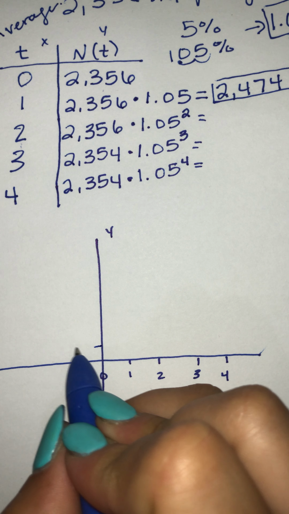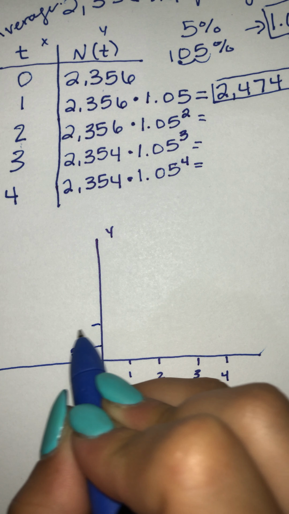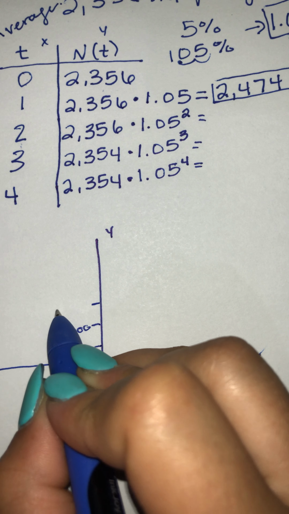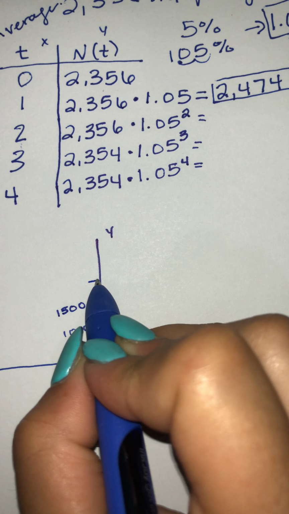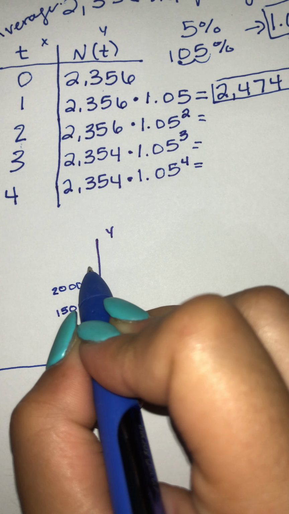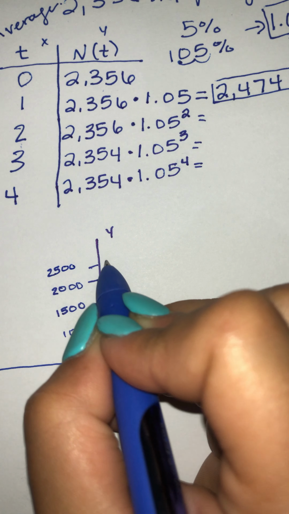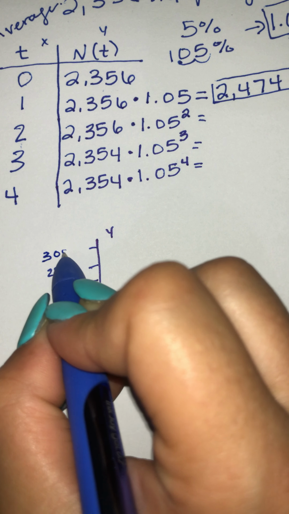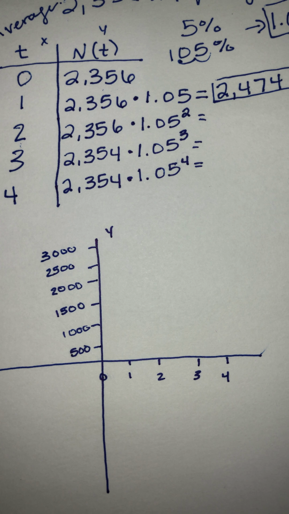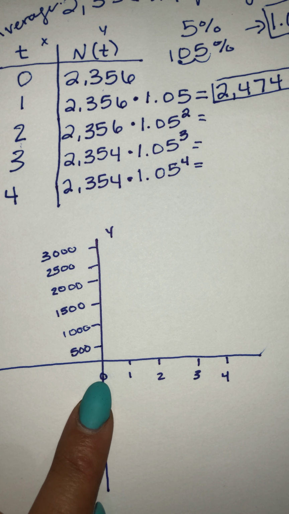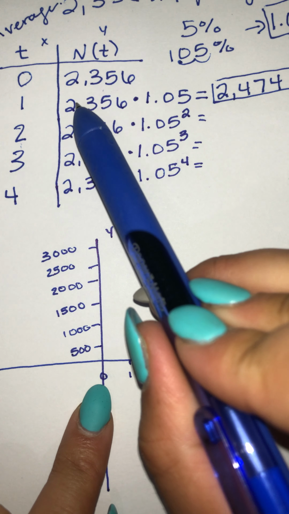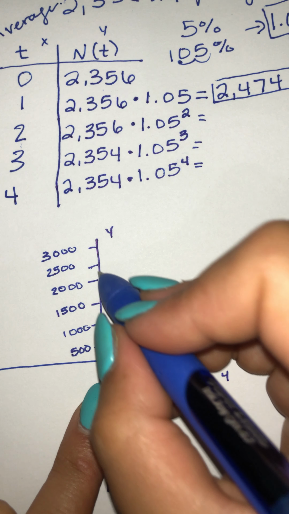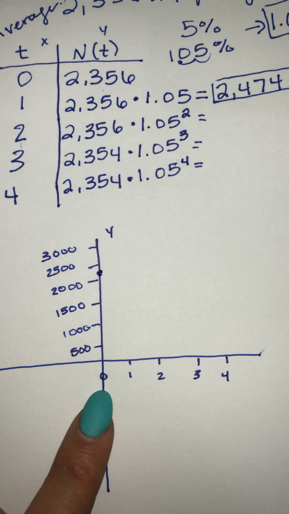Okay, so I'm going to start here. This is 500, 1,000, 1,500, 2,000, 2,500, and we'll go up to 3,000. Okay, so there's my X and Y axes. Then I'm going to start plotting. When our baseline, week 0, is at 2,356, I'm going to say that's about somewhere there.